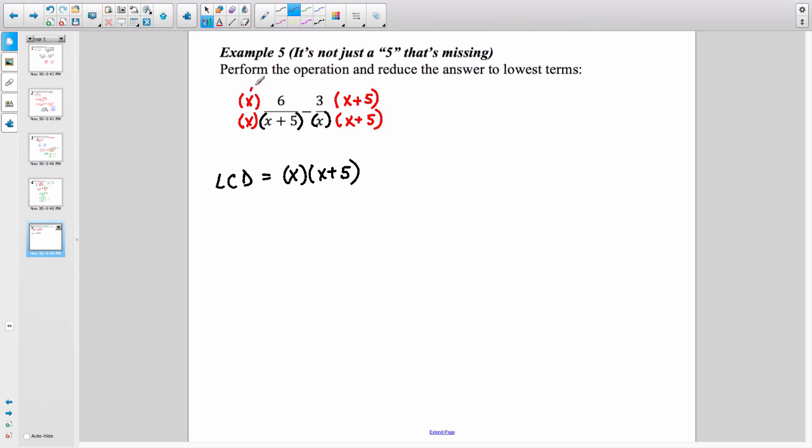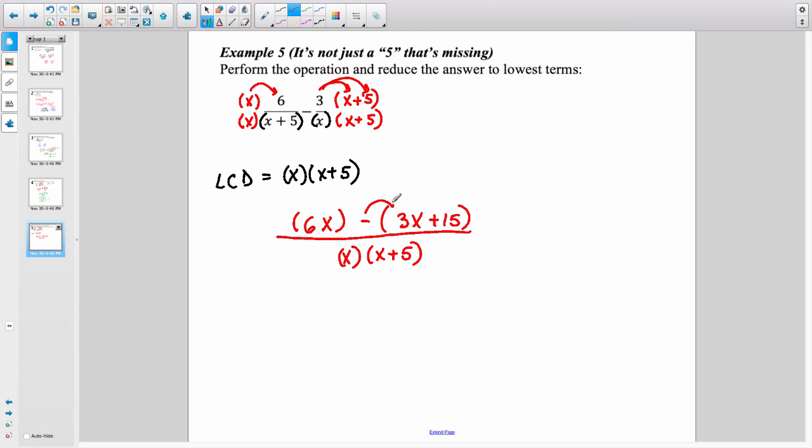So let's work that out. So up top I'm going to have 6x minus 3x plus 15 all over our common denominator, which was x times x plus 5.